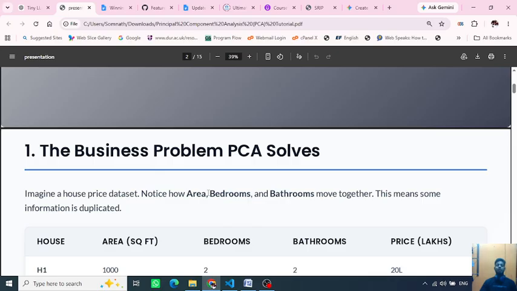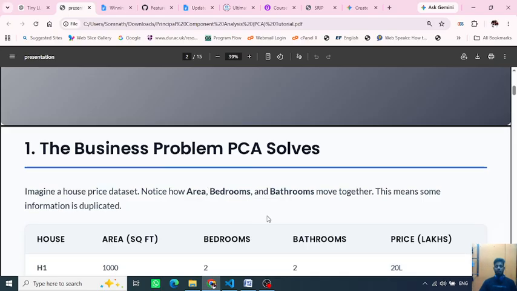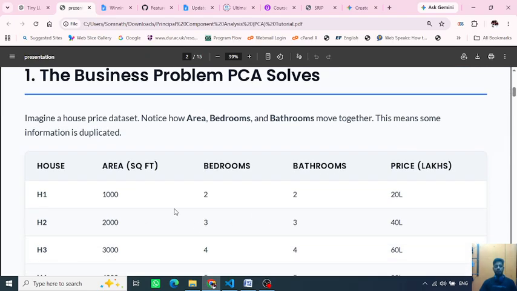First, let me discuss the business problem PCA solves. Imagine a house price data set. In the data set, notice that as area increases, bedrooms and bathrooms also increase, right?